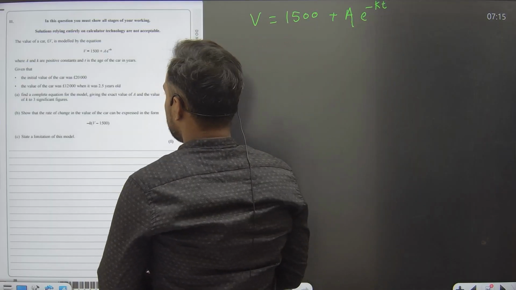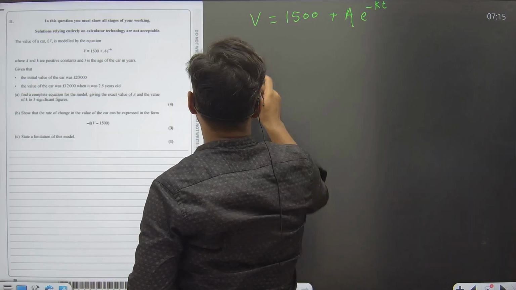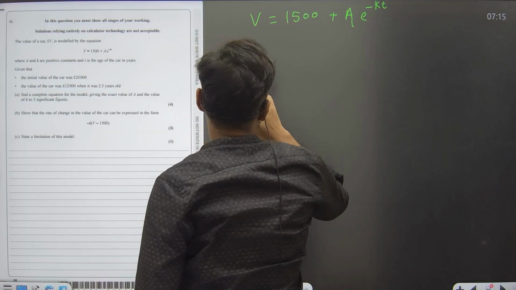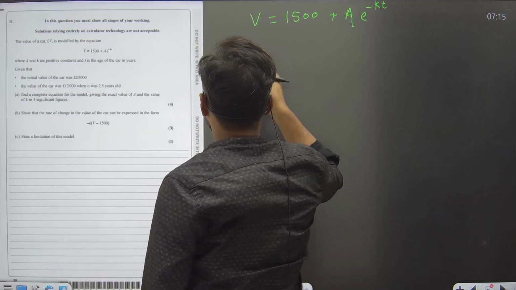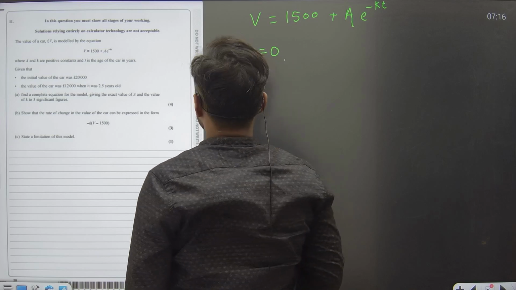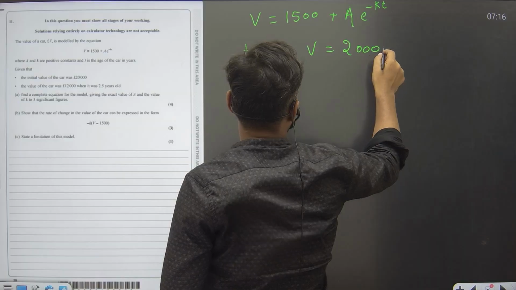The initial value of the car was 20,000 euros. So if the initial value of the car was 20,000 euros, we will plug in the value of t equals 0, and the value is given in the question, that is 20,000 euros.